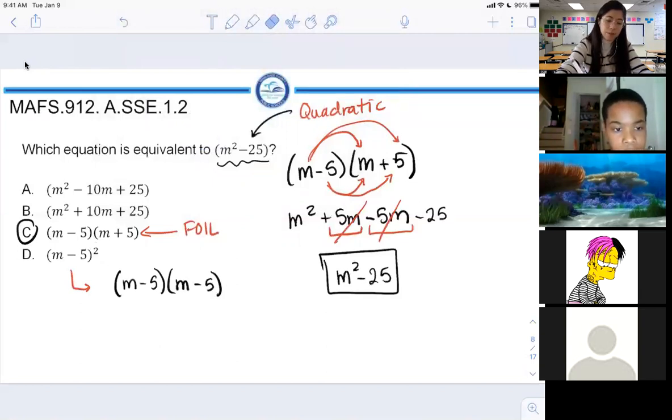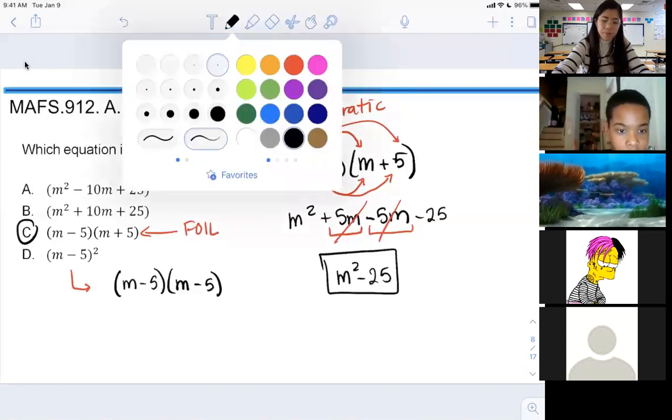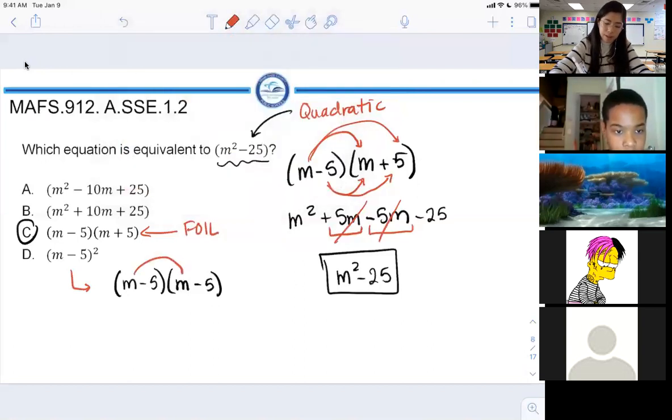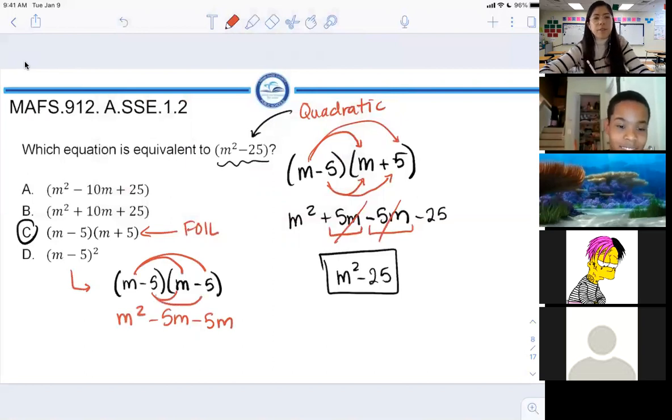Okay, well now I would have to FOIL just like we did before. So if I FOIL this, I would get m squared minus 5m minus 5m. What's negative 5 times negative 5? Yeah, this would be plus 25.